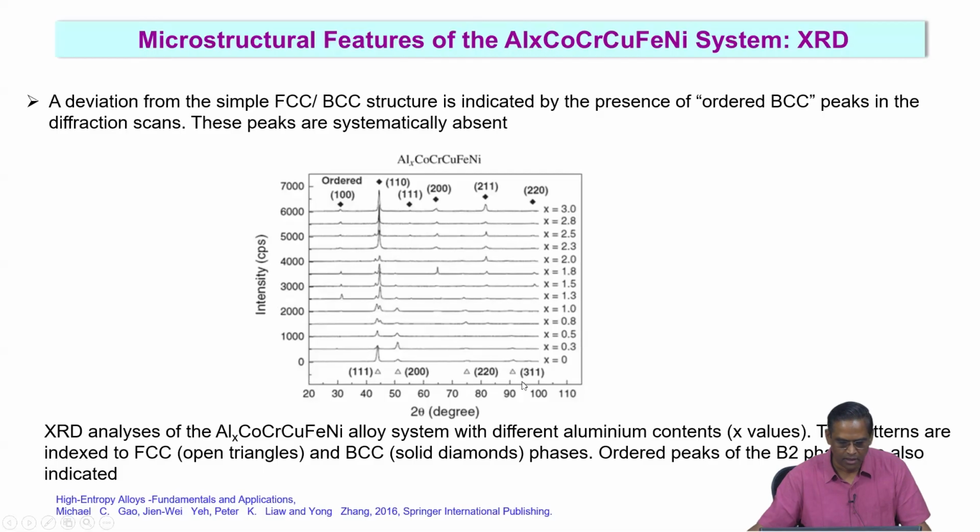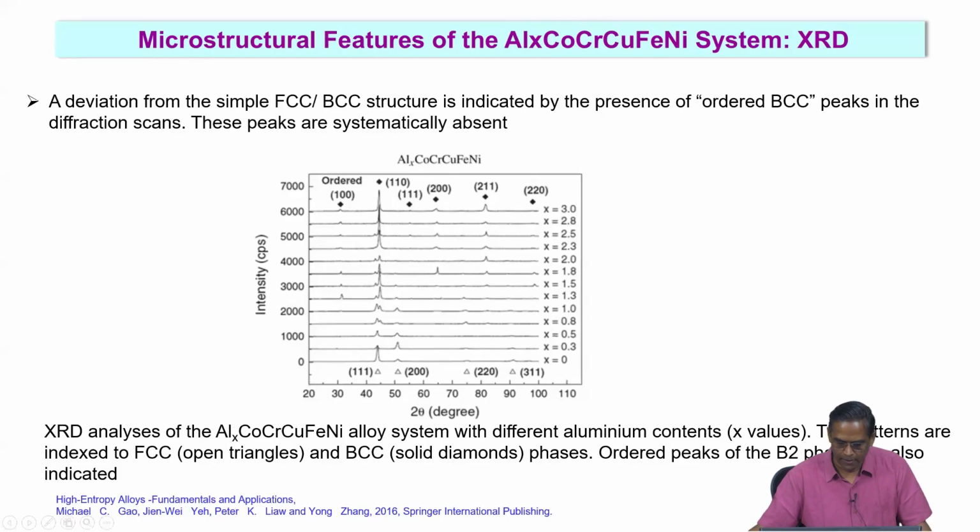So this is an XRD pattern of this particular alloy as a function of increasing aluminum content. I would like you to look at these patterns and let me know, because this is very elementary. You must have already seen this several times. So what is the selection rule for identifying BCC, FCC, and so on?